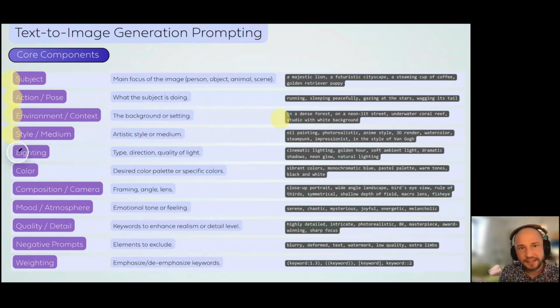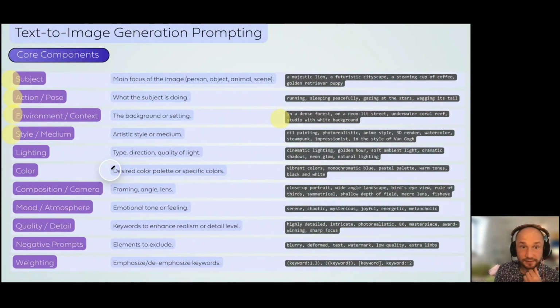The lighting, in terms of what type of light, the direction of light, the quality of the light, is already something that you would see with more, I would say, better crafted prompts. This can elevate your outcome quite a lot. From what I see, it's not central.